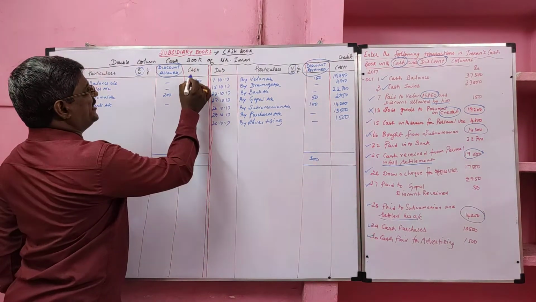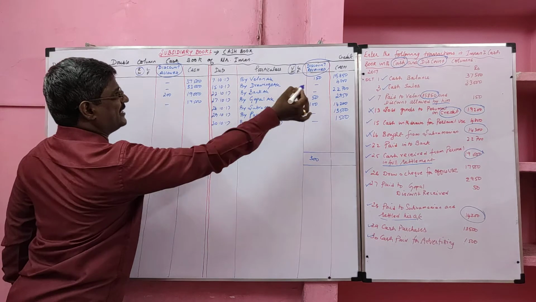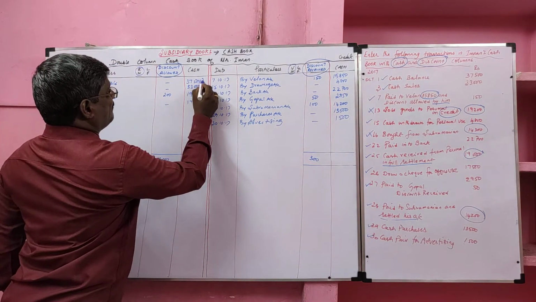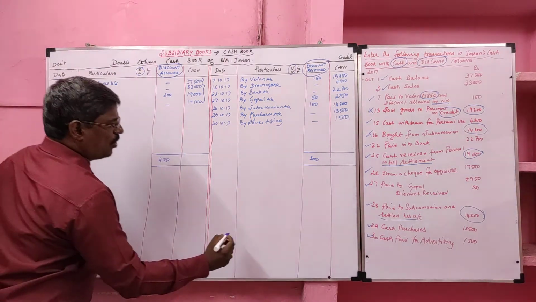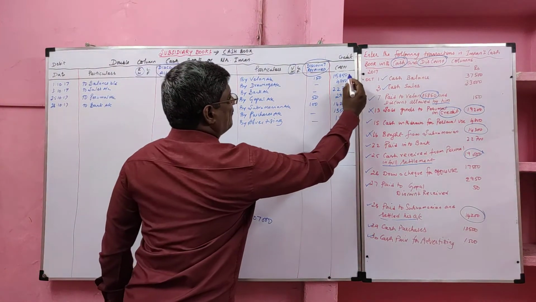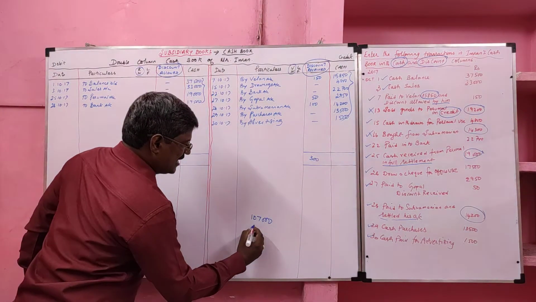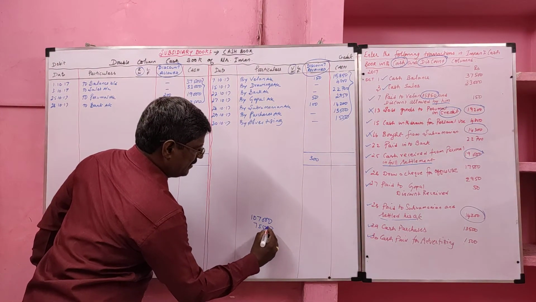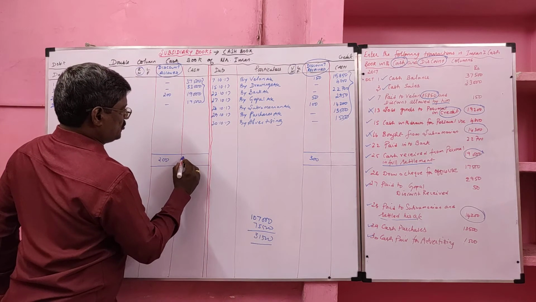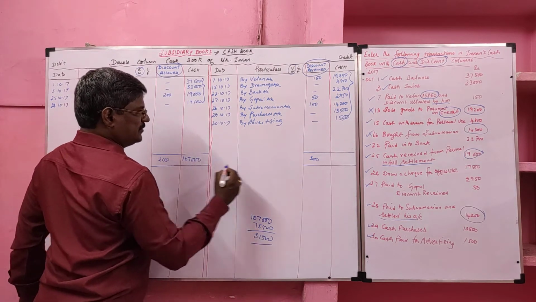Now we are going to balance the cash column. In the cash column, the debit side is always heavier than the credit side. Already I totaled the debit side value, 1,07,000. The credit side value totals 75,500. So the difference is 31,500. The debit side is 1,07,000.